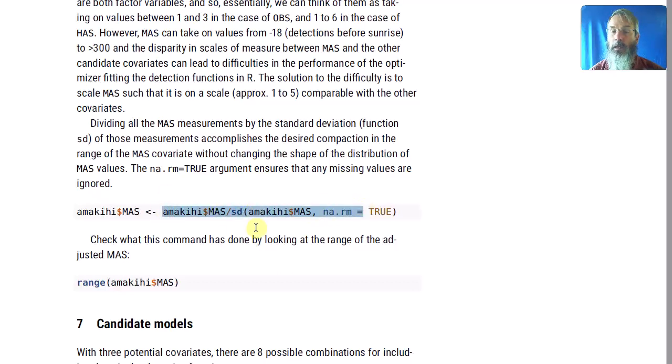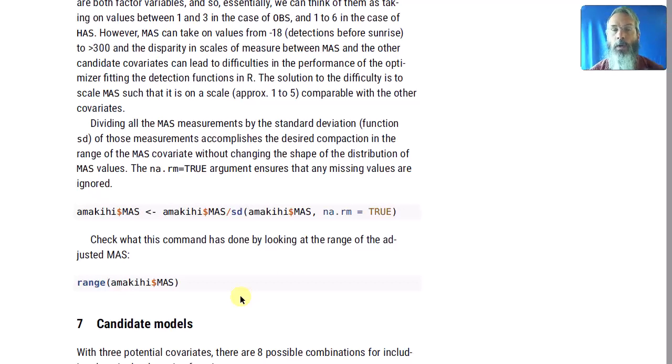So we're going to take each minute after sunrise measurement and divide it by the standard deviation of minutes after sunrise. And you can look to see whether that tidies up the scale, the range of values of minutes after sunrise.